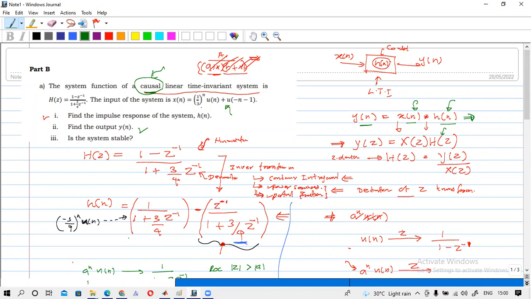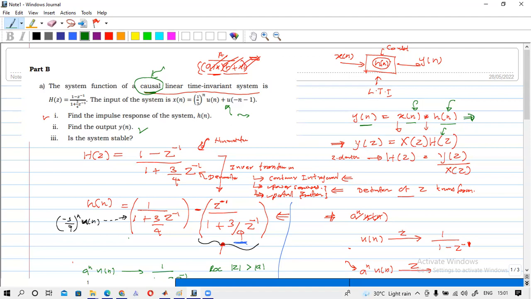We can get the Z transform of this sequence very easily using the properties. Once you get the Z transforms, you can multiply them, then you will have the YZ. Then to find the yn, you can get the inverse Z transform of YZ. I think that part is easy.